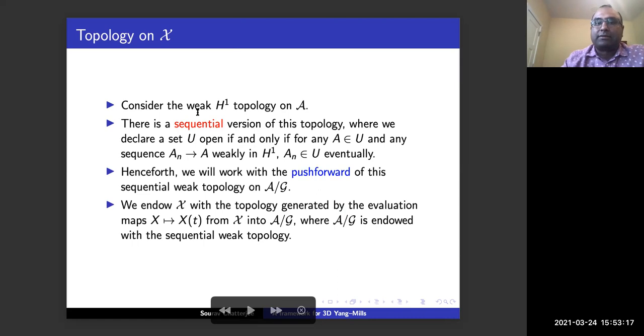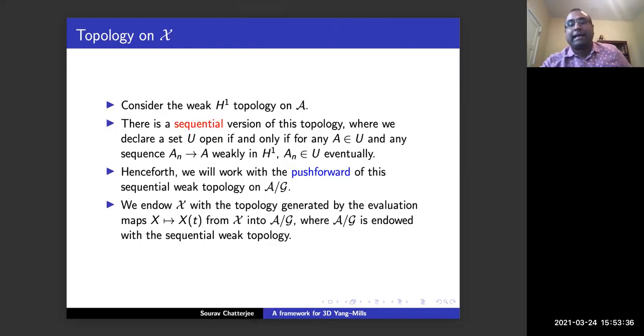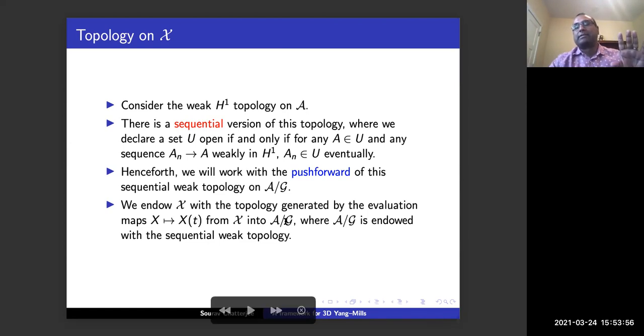We want to define the topology on this space script X. We endow script X with the topology generated by these evaluation maps, x going to xt, from script X into A/G, where A/G is endowed with the weak topology. Remember, for want of a better word, I'll just say sequences, but these are flows xt, t bigger than 0, flowing according to the Yang-Mills heat flow, where the elements xt are in A/G.